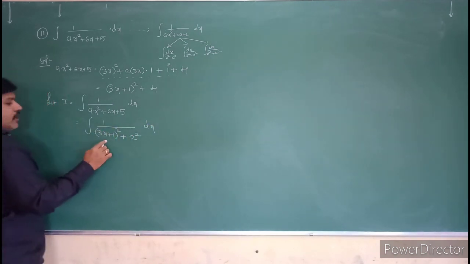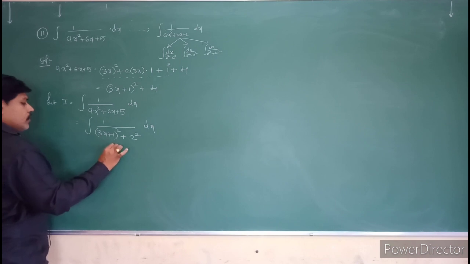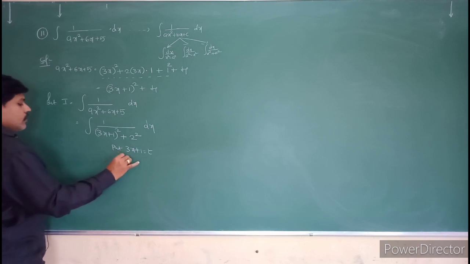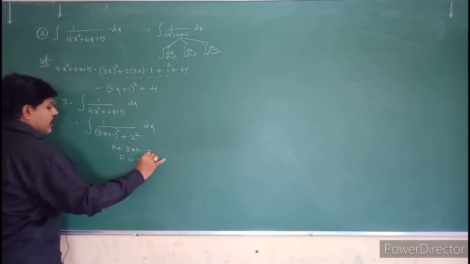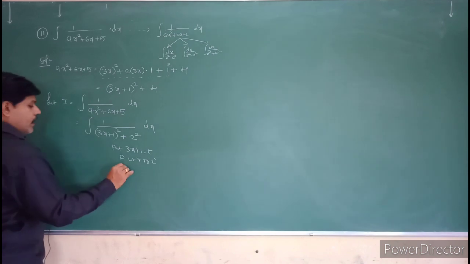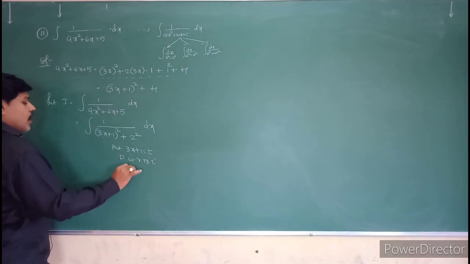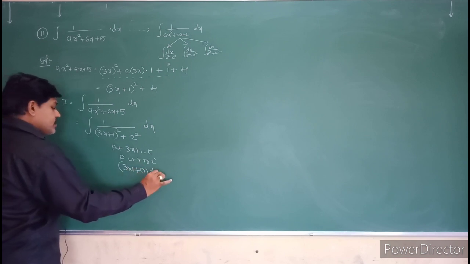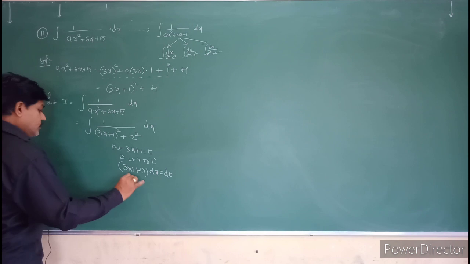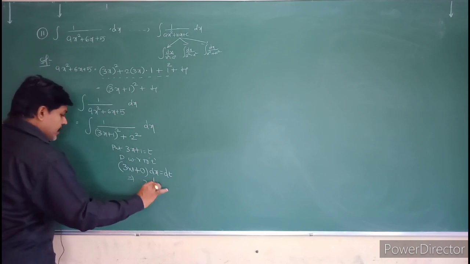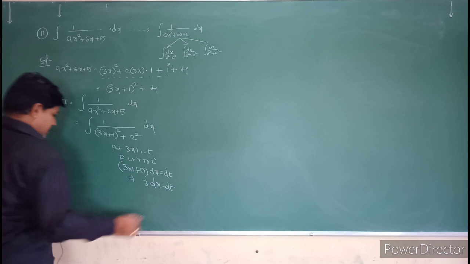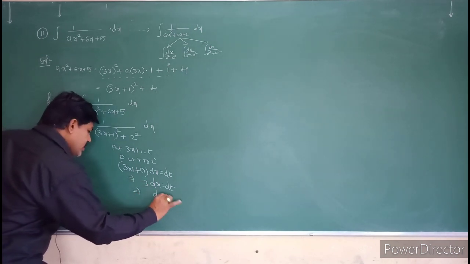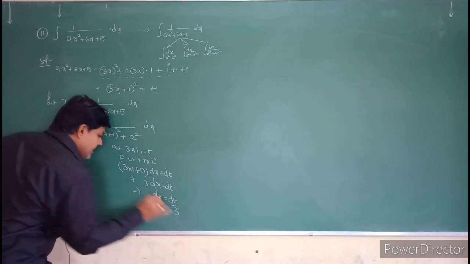Next, put 3x plus 1 equal to t. Differentiate: 3 into the derivative of x, which is 1, plus the derivative of 1, which is 0, into dx is equal to dt. That implies 3 into dx is equal to dt, so dx is equal to dt by 3.